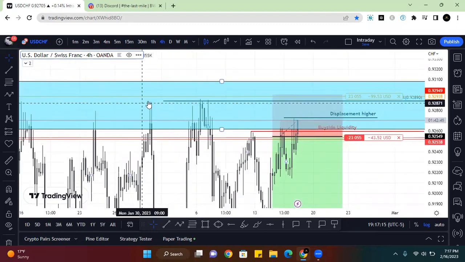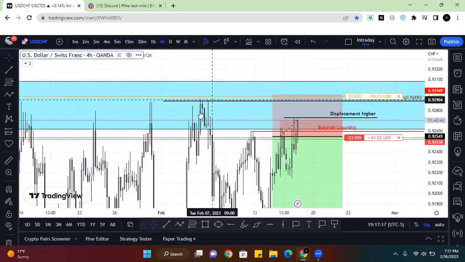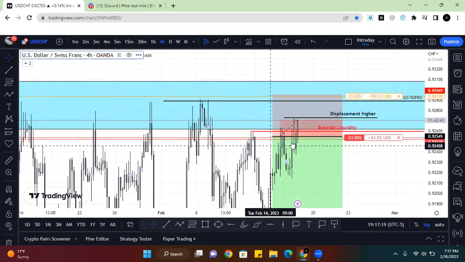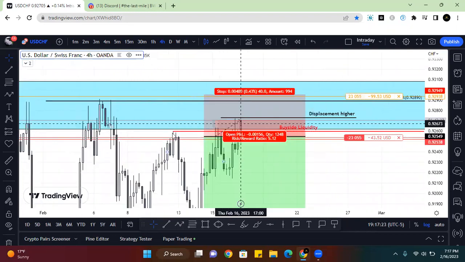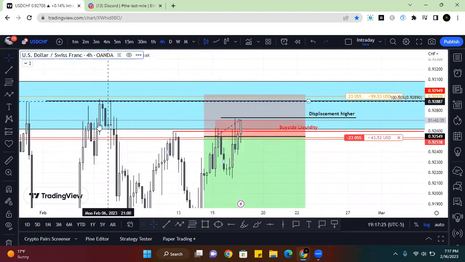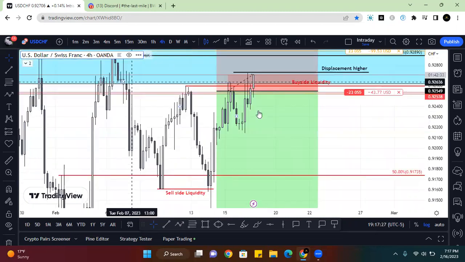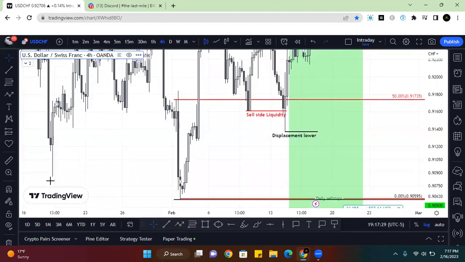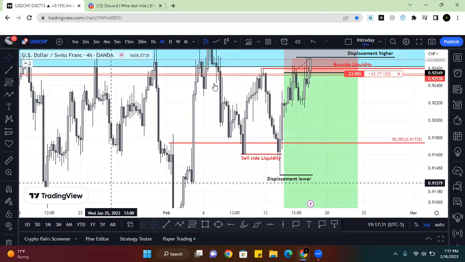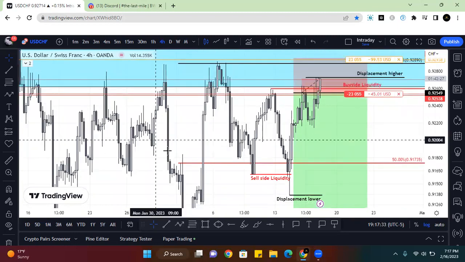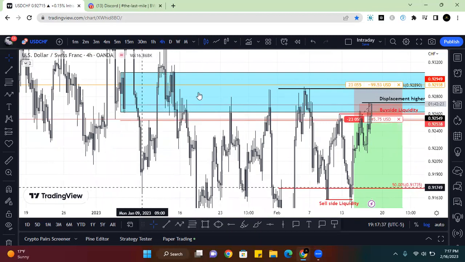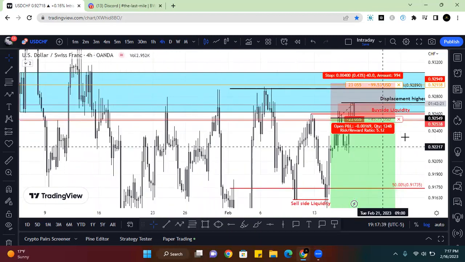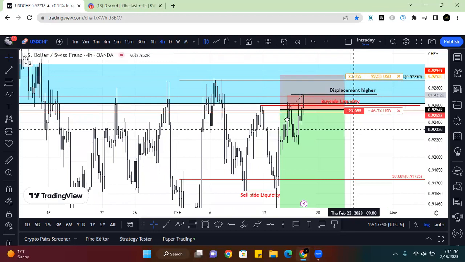I saw this one got taken out by these wicks, and that's what prompted me to use this area to get in, because they had already been pushed up and mitigated and took out these highs as well. So I thought this was going to be the order block relative to the last structure break too. This is all in premium territory relative to that structure break. Even here, this big structure break too, all in premium territory. So worst case scenario, I get stopped out. It's still a good trade example.